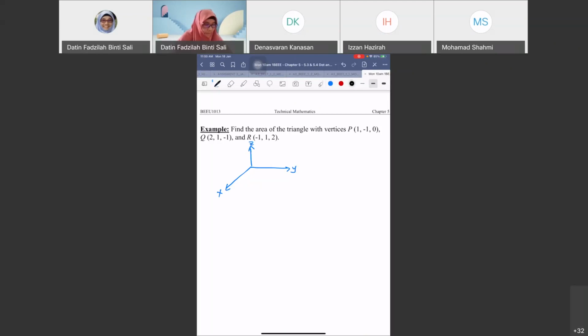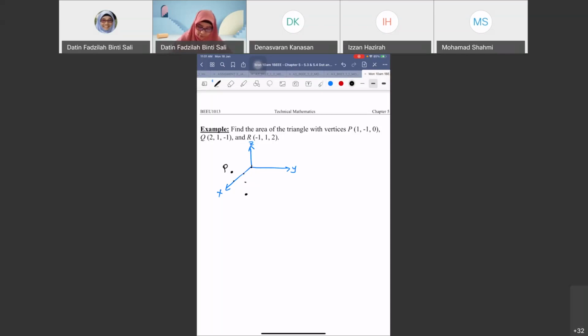P is (1, -1, 0), so let's say this is P. Q is (2, 1, -1): go to the right, 1 unit, and then -1, so going down.